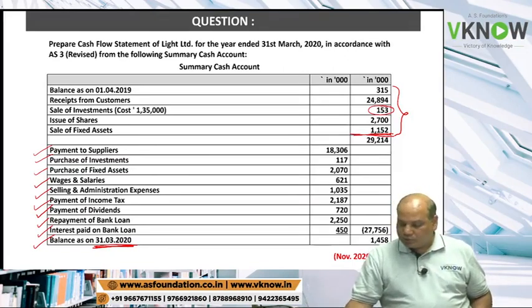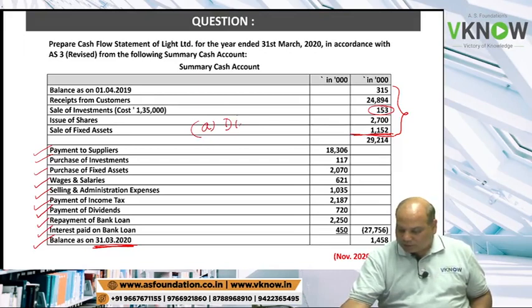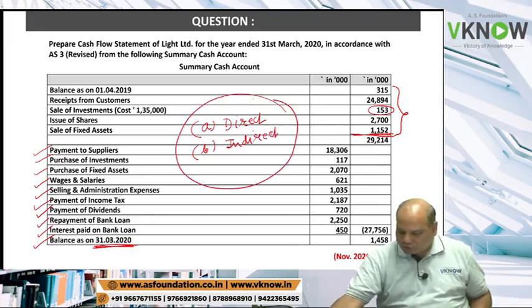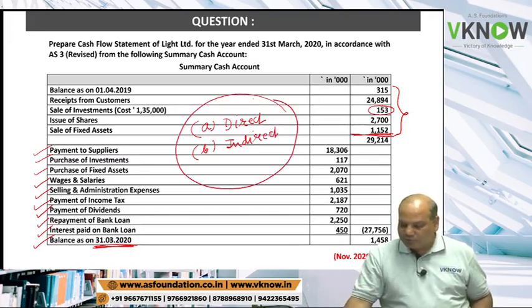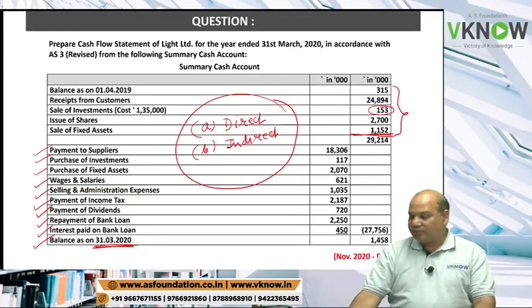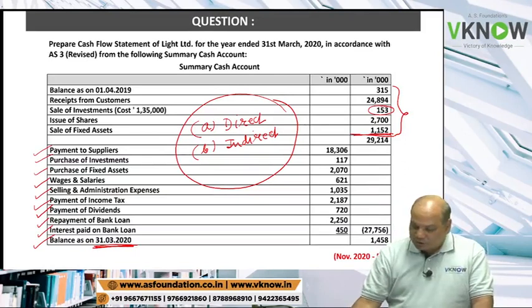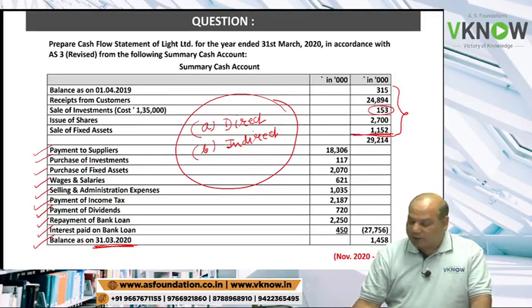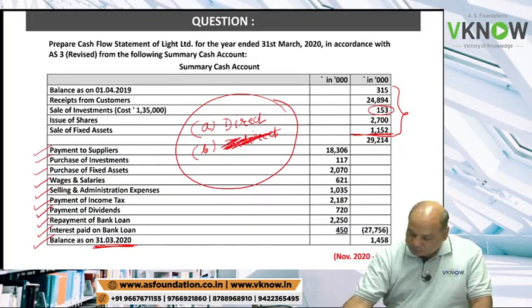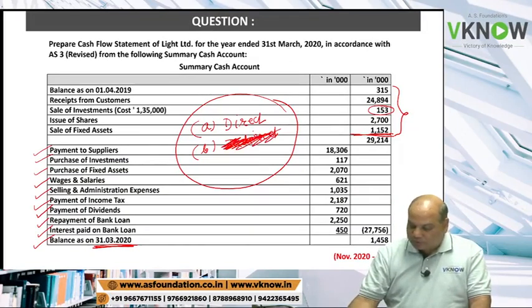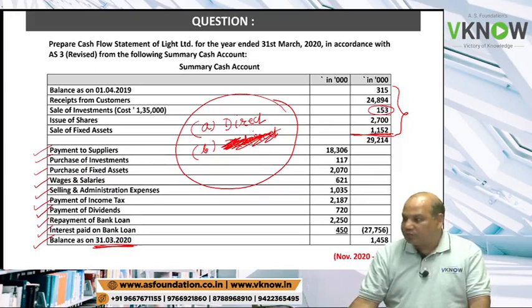And this question we have to solve the way the question is given. Option A, direct method. Option B, indirect method. Which option is applicable? The question has not mentioned whether direct or indirect, but we have to decide. We cannot apply indirect method because even the profit figure is not available.